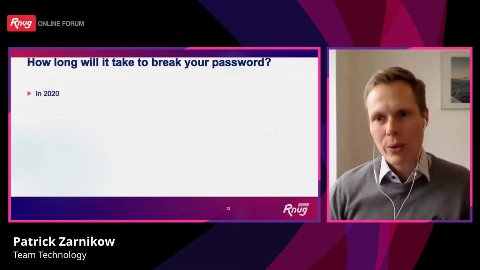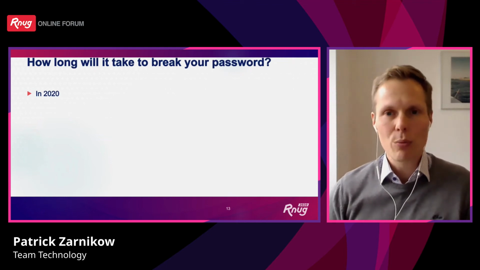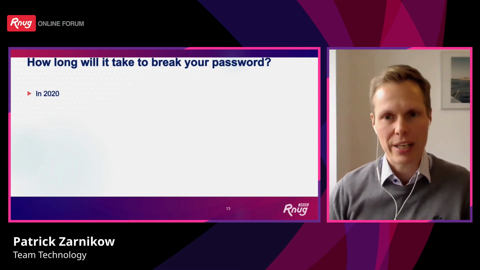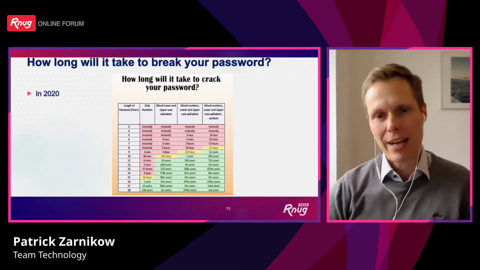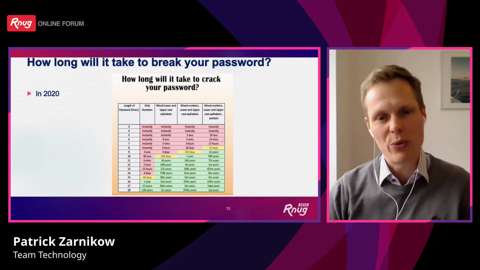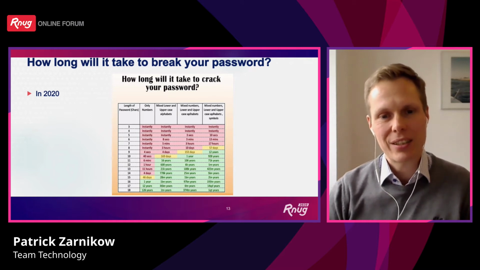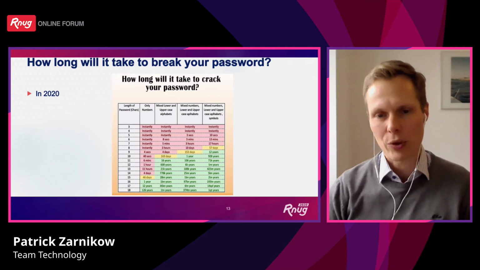While we are at passwords, let's take a quick look at how long it takes to break a password just by password guessing and using dictionary texts on a Domino server. This is really interesting when you look at how fast this can be. Depending on the length of the passwords you are using, it can go really, really fast. Even with 6 letters, using only numbers or mixing lower and uppercase letters, it goes from instantly up to 8 seconds.